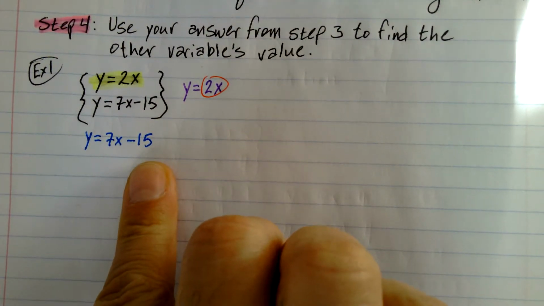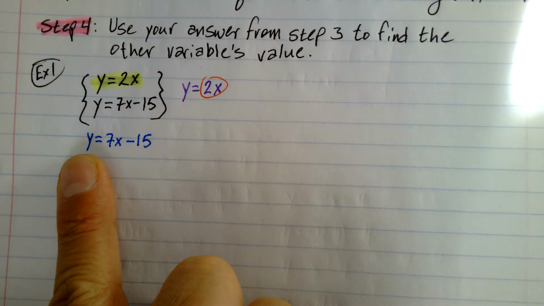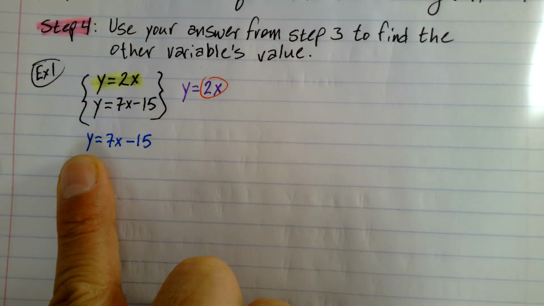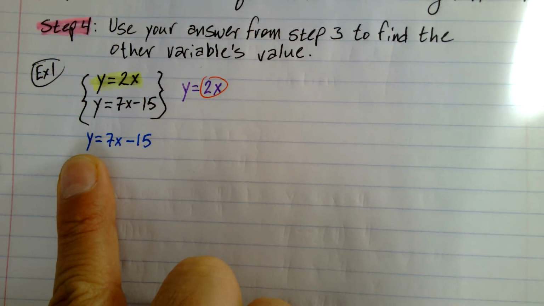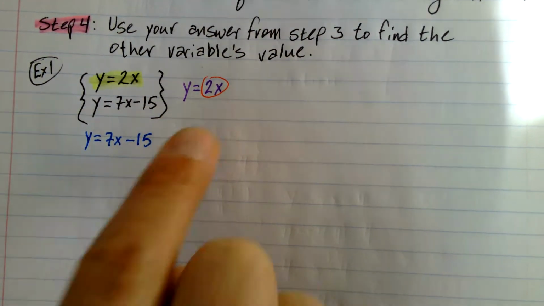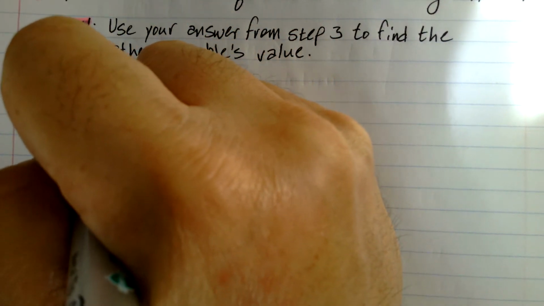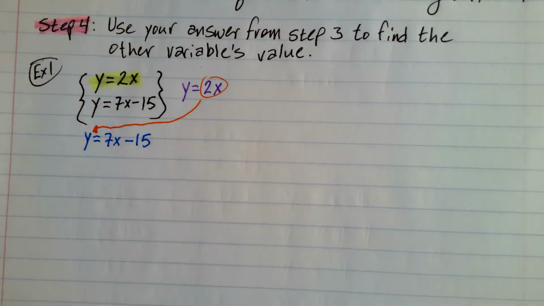You see this y here? I can replace y with whatever I want, and what I want to replace it with is what the other equation equals for y, 2x. That's why we call this substitution.